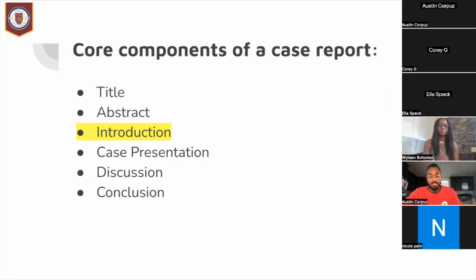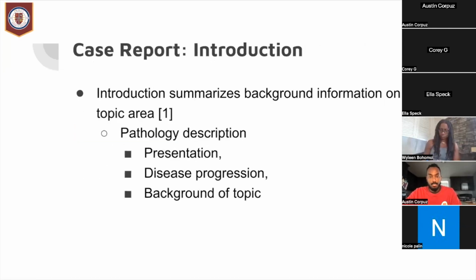So the next part, we're going to talk about the introduction. The introduction summarizes background information about the topic. This is where the literature review that you already did will come in handy. So summarize the relevant facts about the clinical condition and highlight what has already been known on the topic area and any gaps of knowledge.